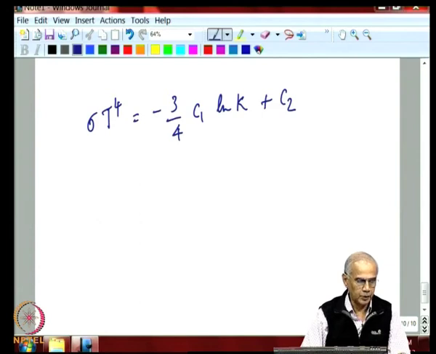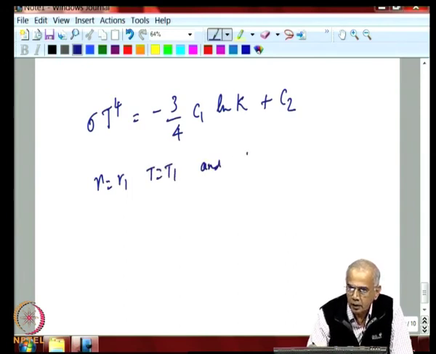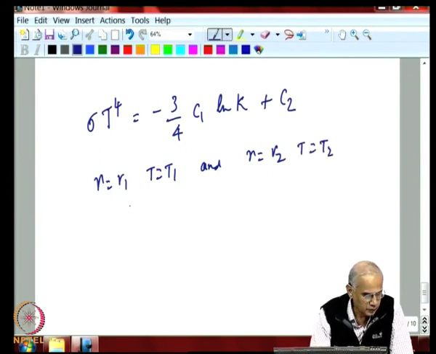And so if you want to get the temperature distribution given this, in the optically thick limit you can appeal to the continuity of temperature, and you say that at R equals R1, T equals T1 and R equals R2, T equals T2. Then your result will be very simple.